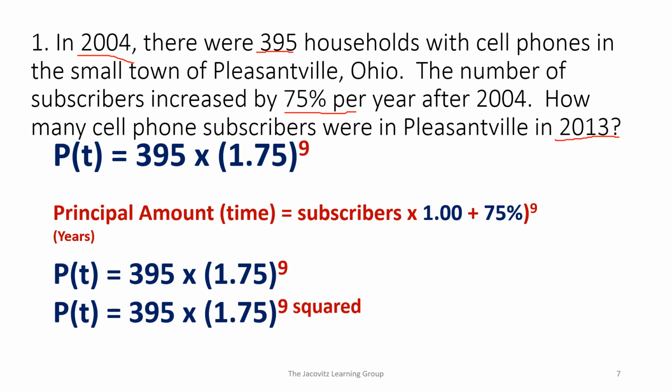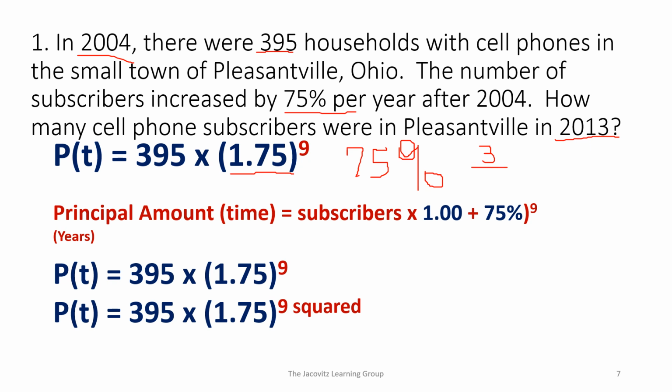Now, in order to solve this problem, the first thing you need to do is figure out what you're going to put here, and I'll discuss this in a second. That's going to be 75%. Some people will turn this into the fraction 3/4.